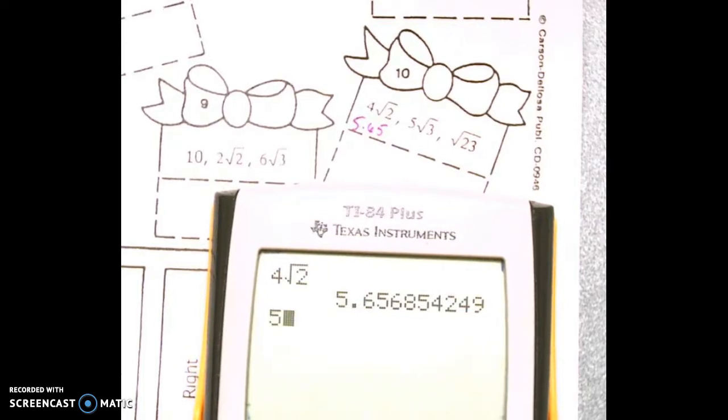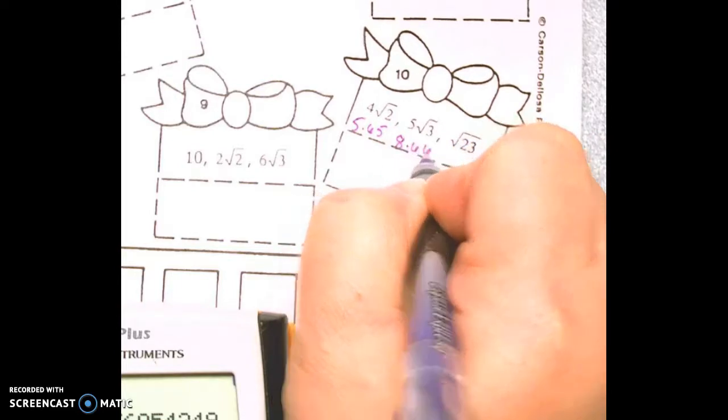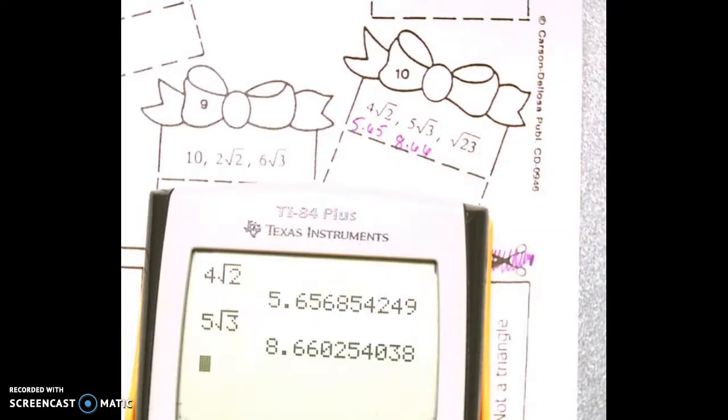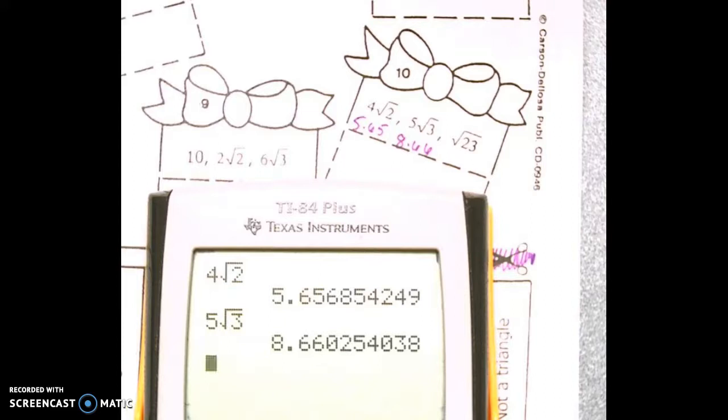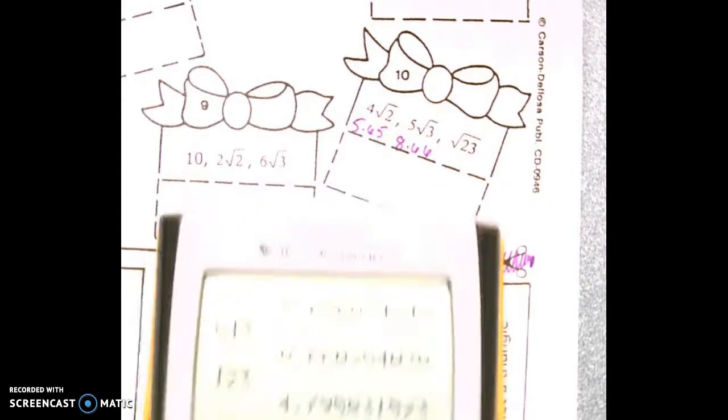So again, 5 second square root 3, arrow button to get out of the radical sign. That's going to give me 8.66. And the last number, square root of 23, is going to give me a 4.79.